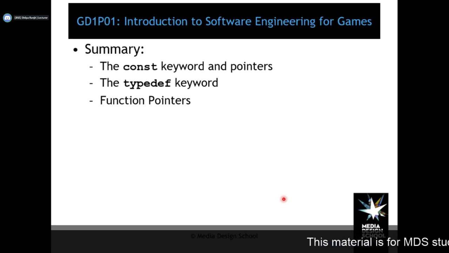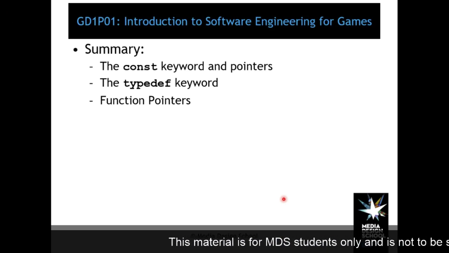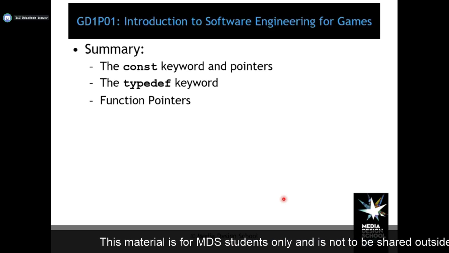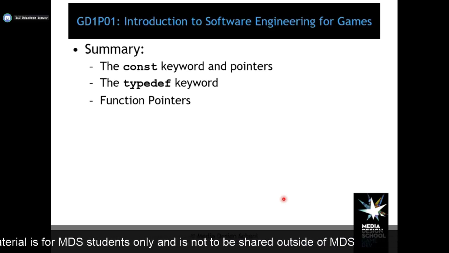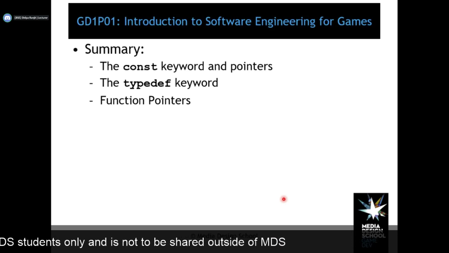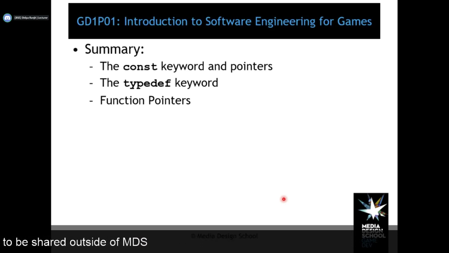And then we had seen about typedefs, which is basically alias names for your data types. So any data type can have an alias name just using the typedef keyword. And finally about function pointers, which are basically pointers to functions with a function signature. So yeah, that's about this.